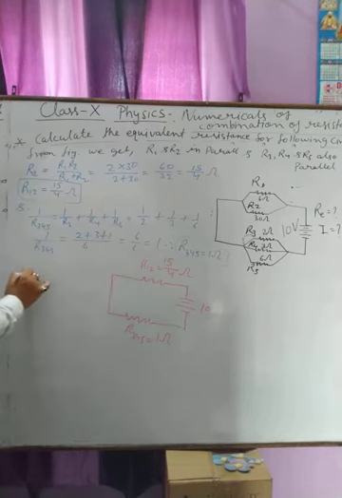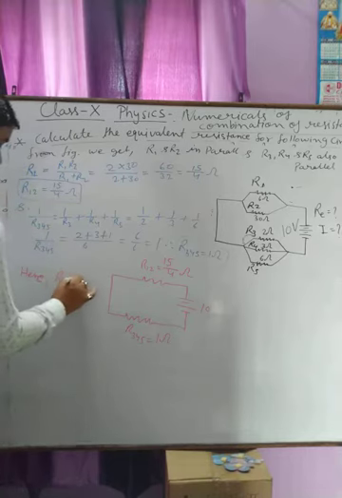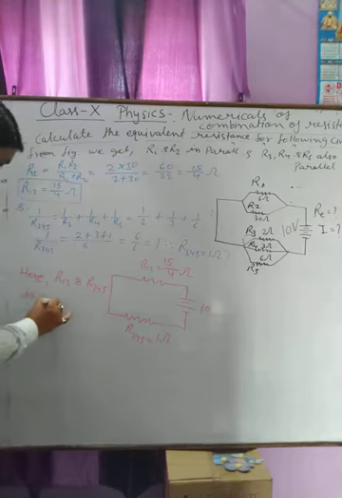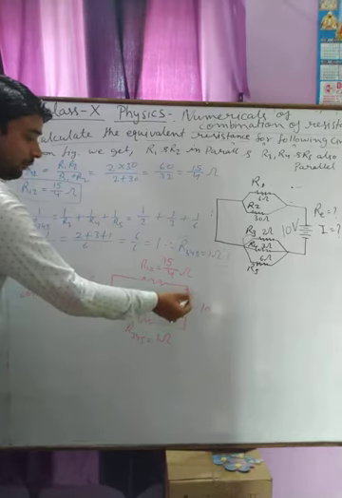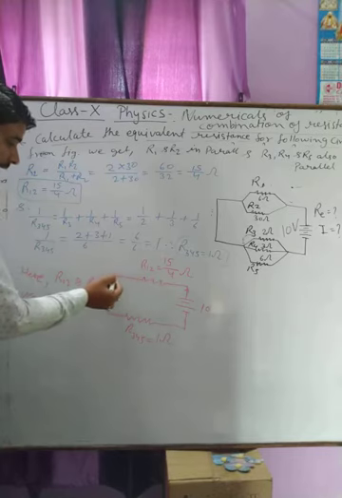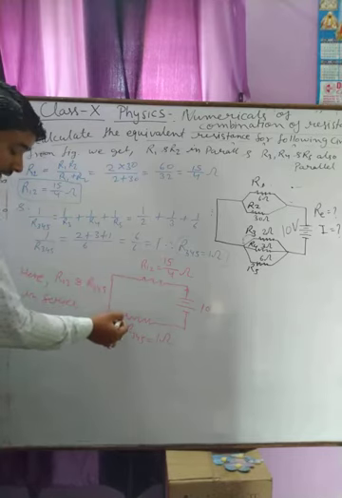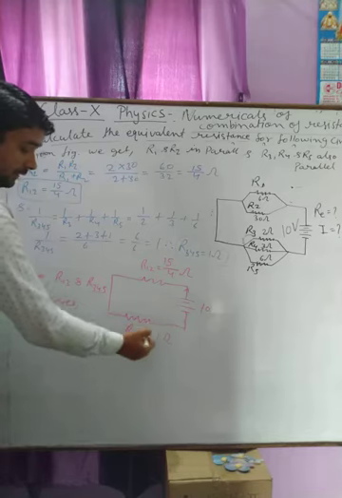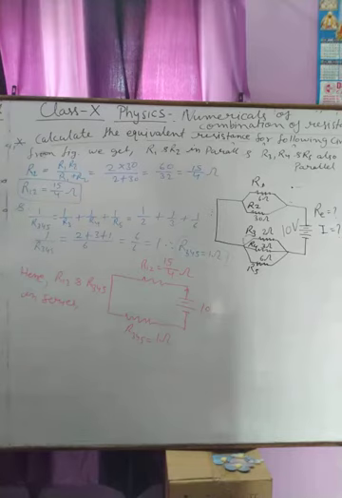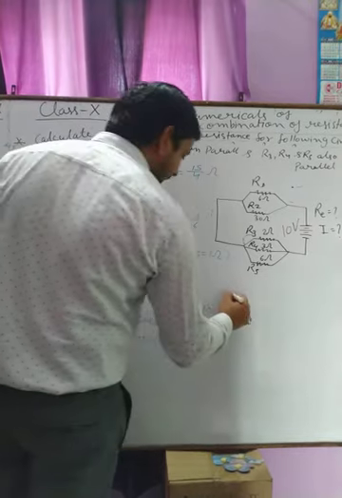Here R12 and R345 are in series, because when the current starts from the battery, it goes to R12 and takes a turn, then again takes a turn and goes to R345 and then reaches the negative terminal of the battery. So this is in series.